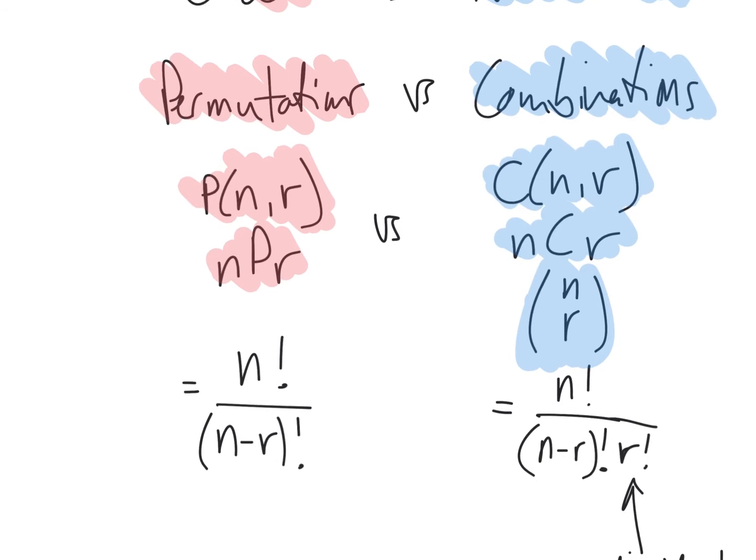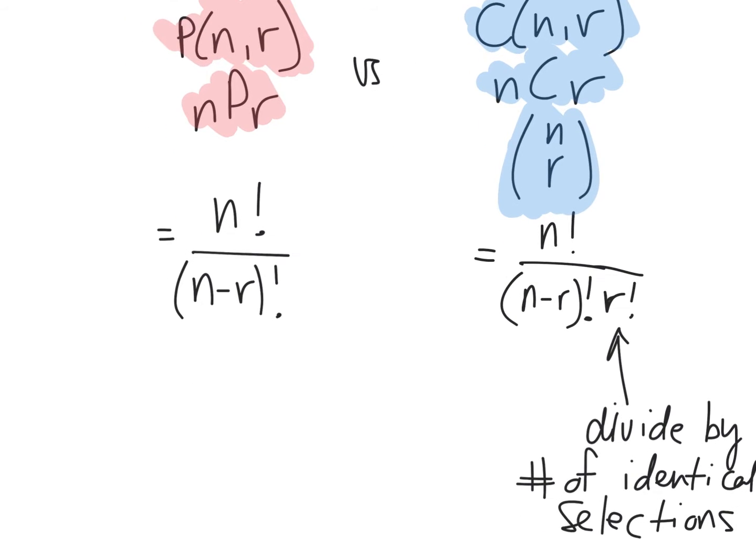Okay, now what do they translate to in terms of calculations? On the permutation side, it's n factorial divided by n minus r factorial. On the combination side, you see that similar calculation in the exact same position, n factorial over n minus r factorial, and there's an additional division here of r factorial.